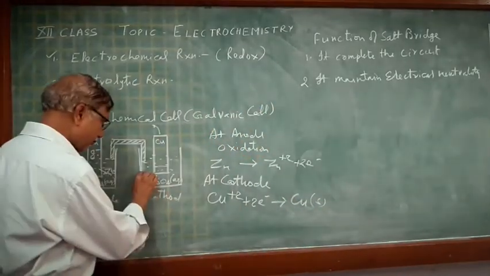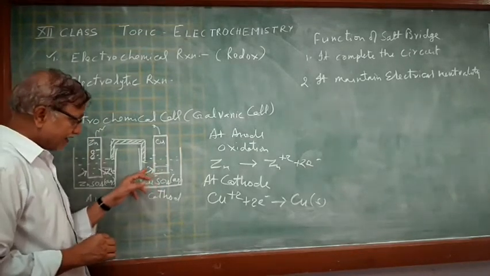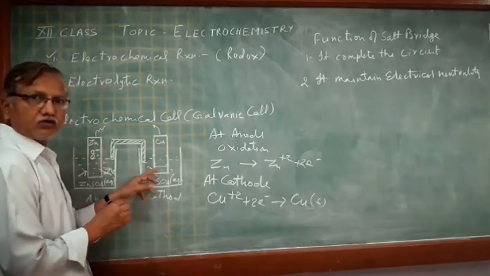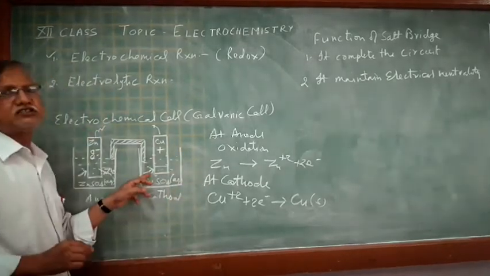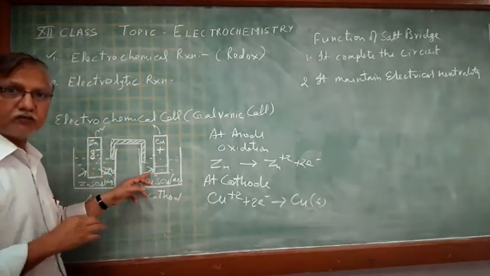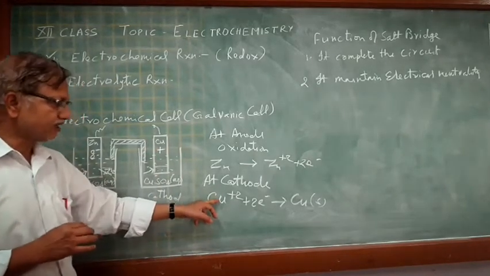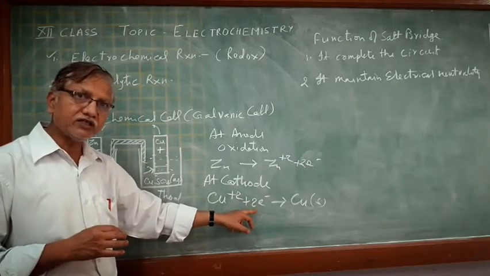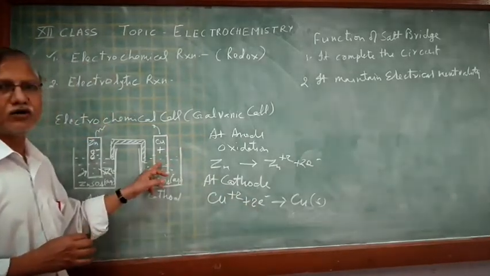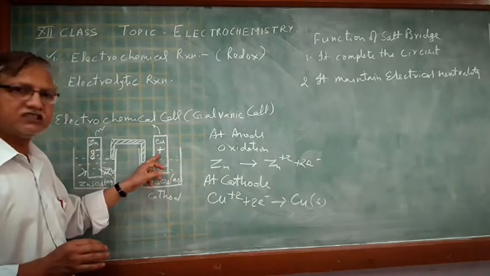So here copper ions deposit over the rod, taking electrons from the rod, so the rod becomes positively charged. Here you can see in the reaction, copper ion takes 2 electrons. Who is giving these electrons? The copper rod. The copper rod gives electrons, so simultaneously the copper rod becomes positively charged.